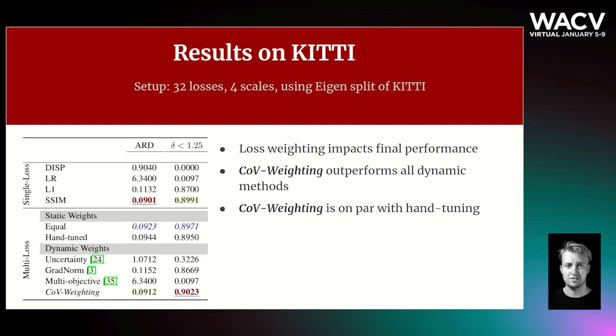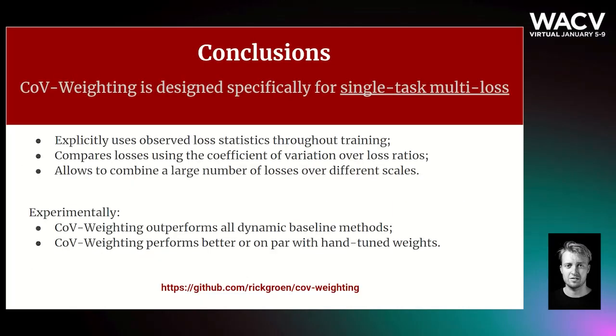We can see that COV weighting performs at least on par with hand-tuned weighting. The dynamic weight baselines, uncertainty weighting, Grad-norm and multi-objective optimization all are outperformed by COV weighting, but among themselves vary wildly.